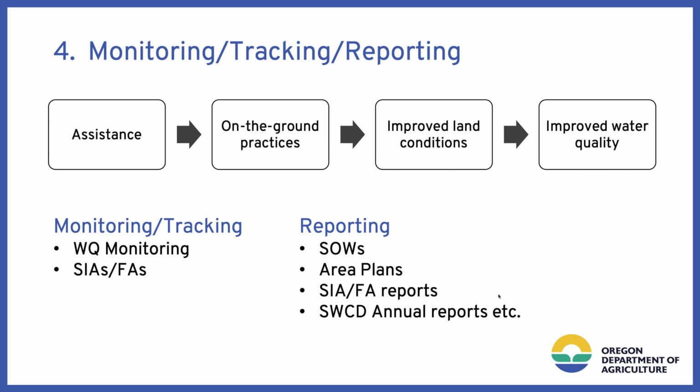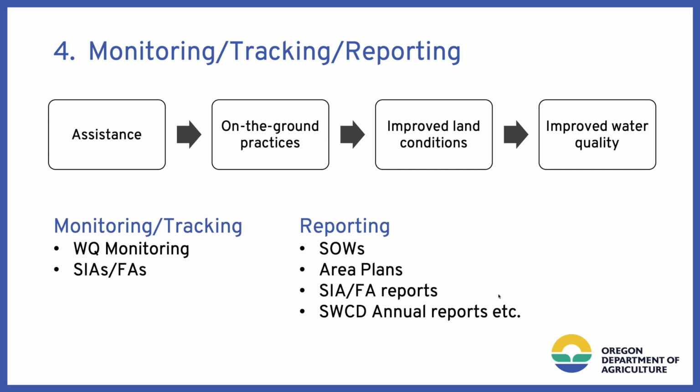How many events did you hold? How many landowners did you engage? And then on the ground practices, how many miles of fence went in, or how many miles of stream had practices along them. Improved land conditions gets a little harder.